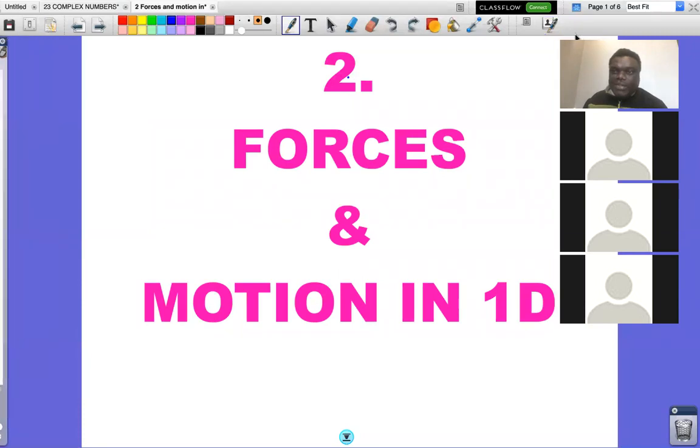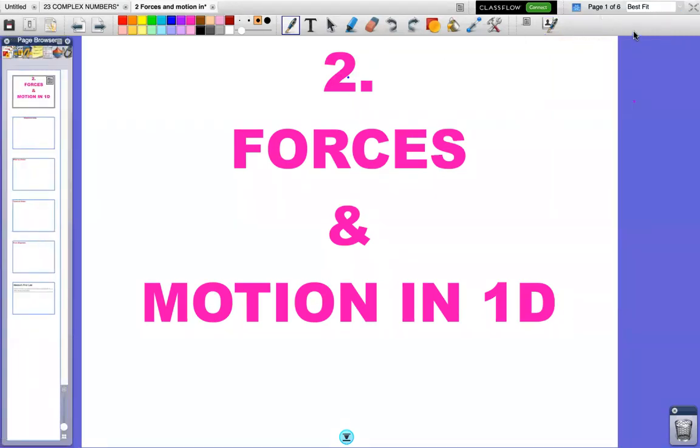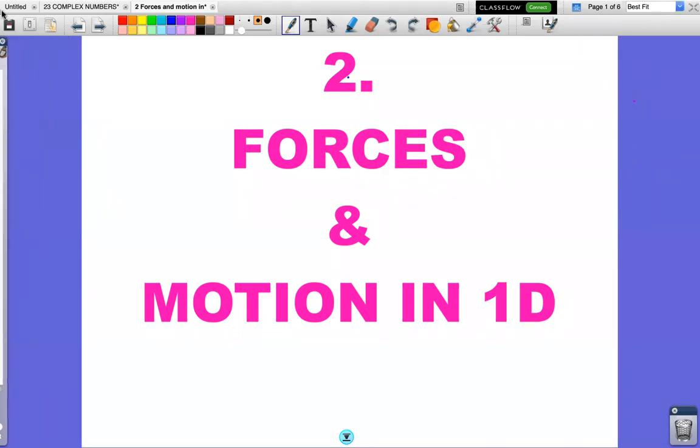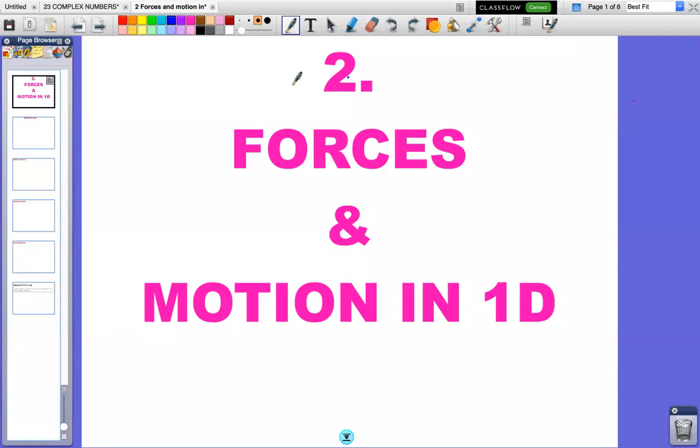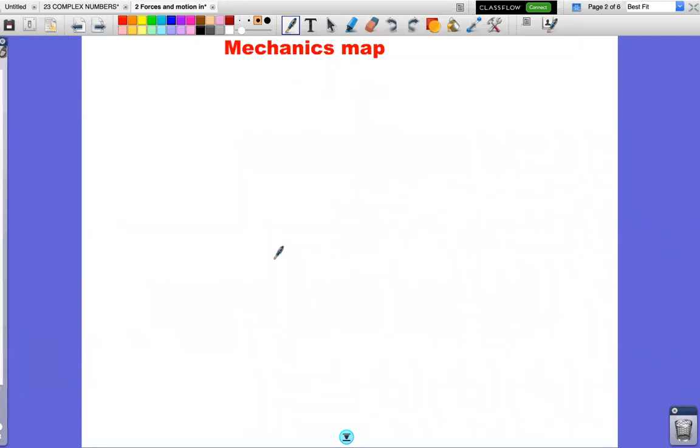for today we are going to start with the second part of mechanics, which is about forces and motion in one dimension. In the previous lessons, what we have studied, mechanics can be divided into two major parts.